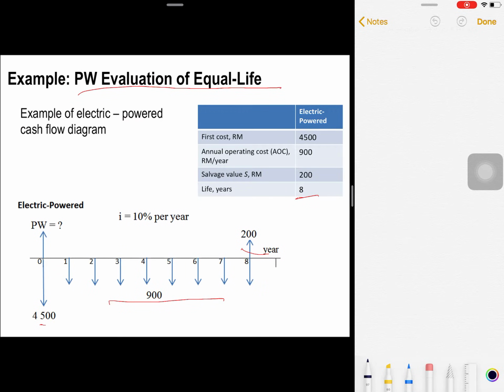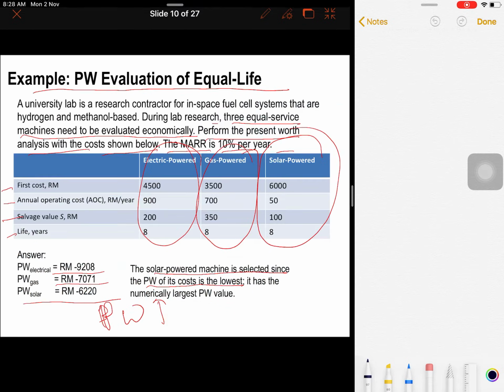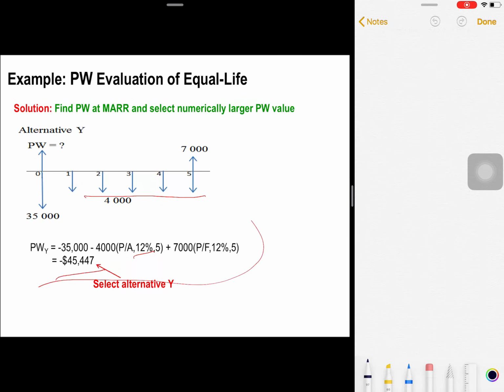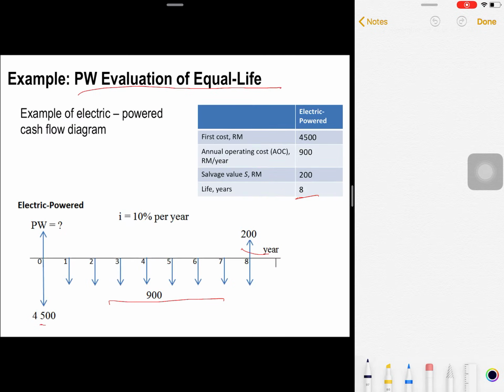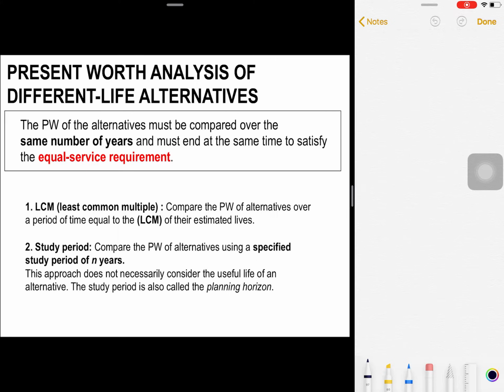So the solution is PW minus 45. Yeah, this is similar to the one we showed you earlier. It should be around like this.